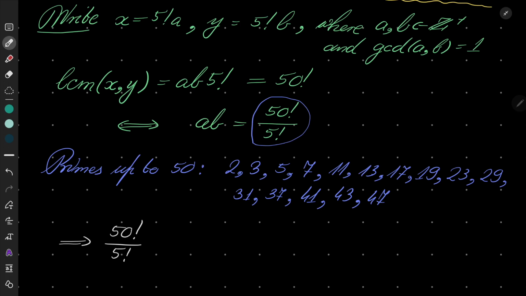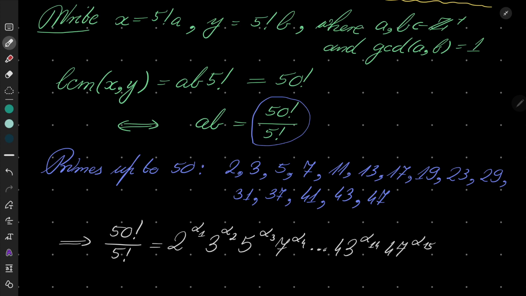And now let's notice that that means that 50 factorial over 5 factorial will be 2 to some power, let's say alpha 1, times 3 to some power alpha 2, 5 to the power alpha 3, 7 to the power alpha 4, and so on, 43 to the power alpha 14, 47 to the power alpha 15, because we have 15 primes.